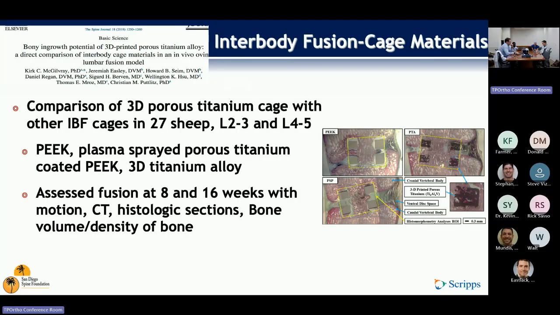And then this is an article out of the Spine Journal in 2018, essentially comparing different cages in 27 sheep. They implanted these cages at L2-L3 and L4-L5, and they looked at PEEK, plasma spray, force coated, as well as 3D titanium alloy. They got CT scans at 8 and 16 weeks, and they eventually also looked at flexion-extension moments as well as histologic slides.